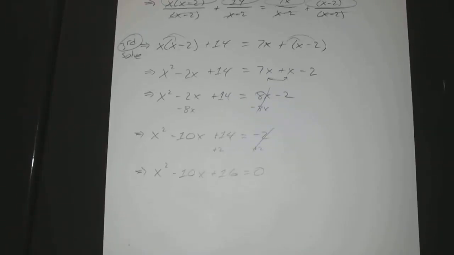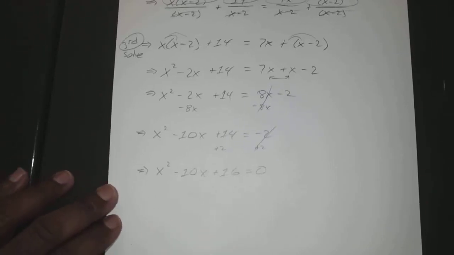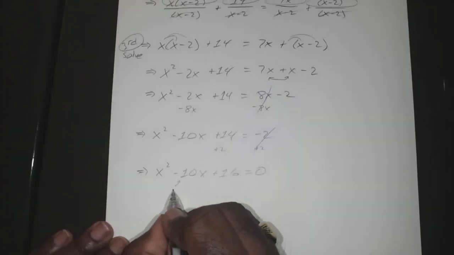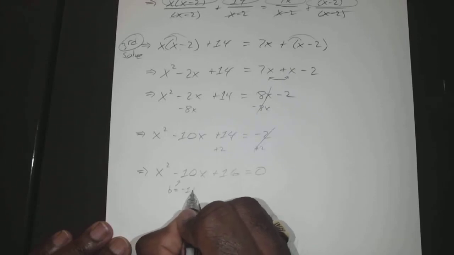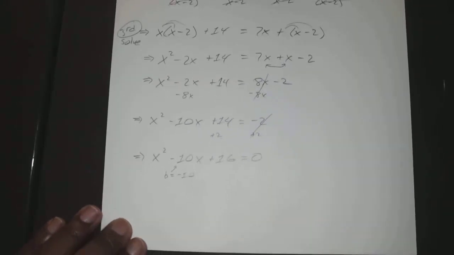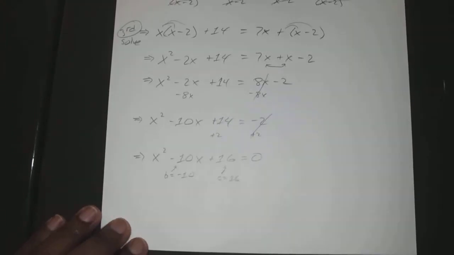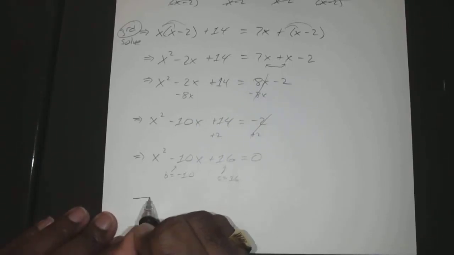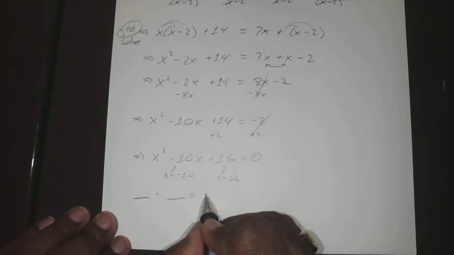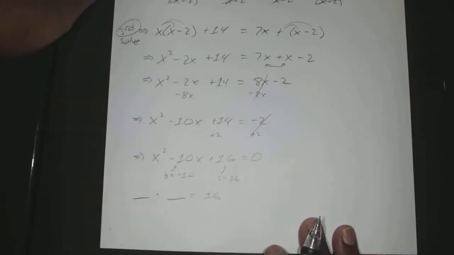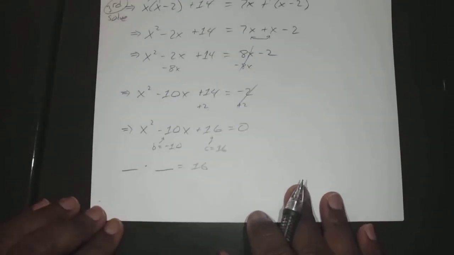Now that we have our trinomial equal to 0, we can factor it. We know our b is equal to negative 10 and our c is equal to 16. So we have to find two numbers that multiply to equal 16, and those same two numbers add to equal negative 10.